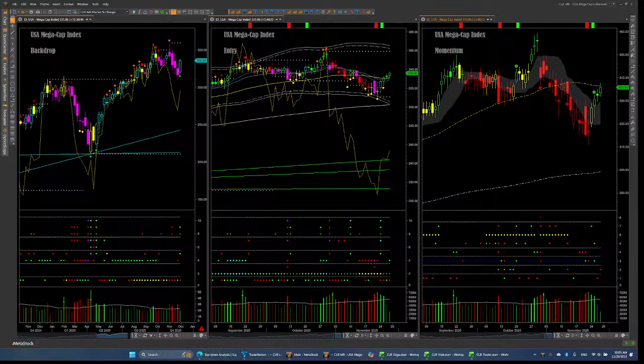The other thing to note is that in the momentum chart on the right, we have a not red candle, we have one ice hole failure. That is when price tries to go above the 50-day moving average from below it but fails. That creates one ice hole failure. Ominous name, isn't it?